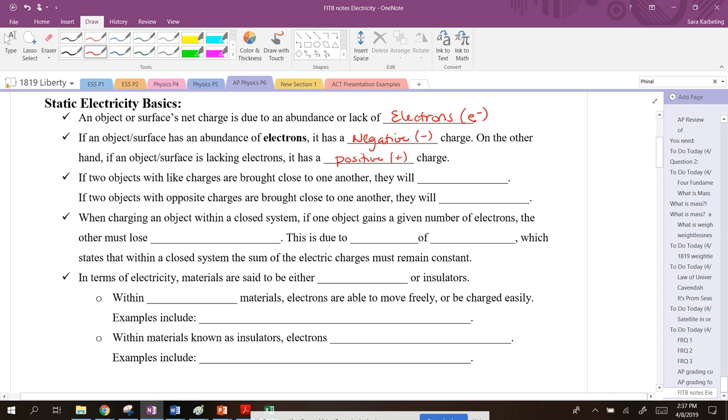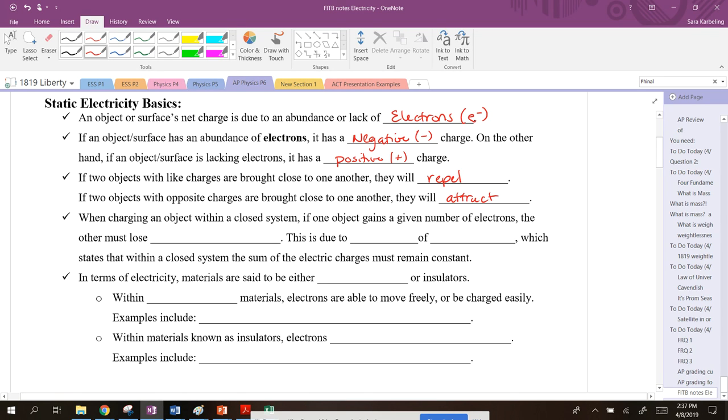Here we go. If two objects with like charges are brought close to one another, they will, Kate? They will. If objects with opposite charges are brought close to one another, they will? Okay.